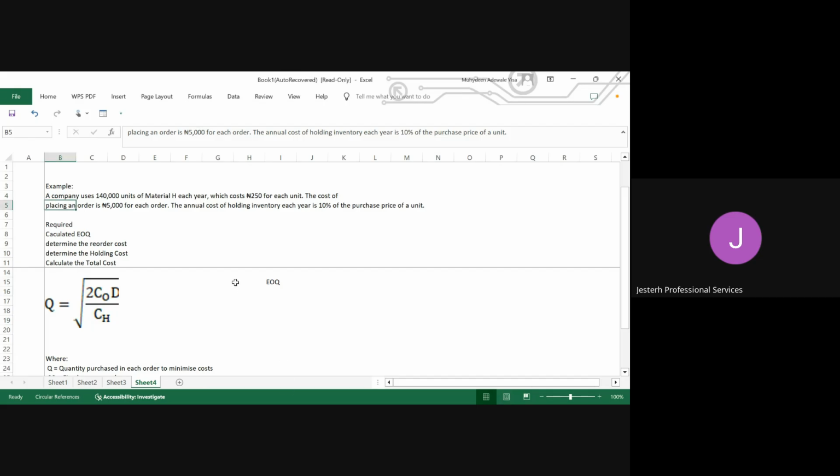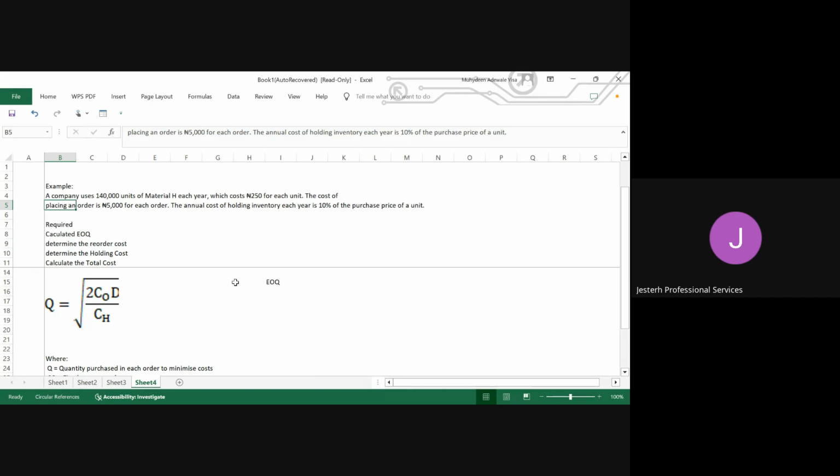Okay, the company uses 140,000 units of material each year. So it means every year the company uses 140,000 units of material H, which costs 250 naira per unit.